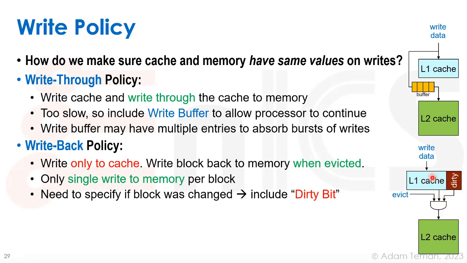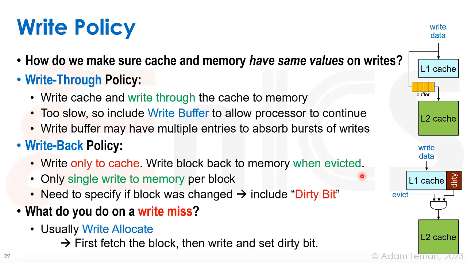That means there is now incoherence between what we have in our inner level cache and our outer level cache. This is dirty, and therefore, once we're going to evict that cache line, we need to clean our cache, which means to write back our line into the outer level cache before we replace it.